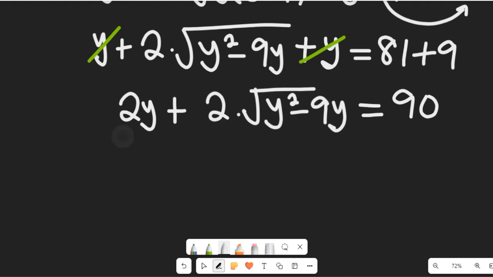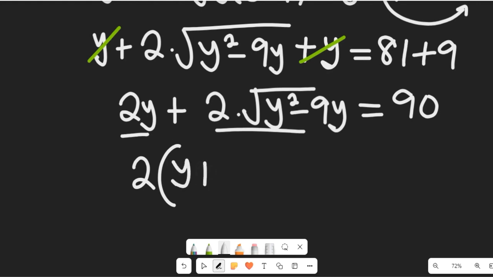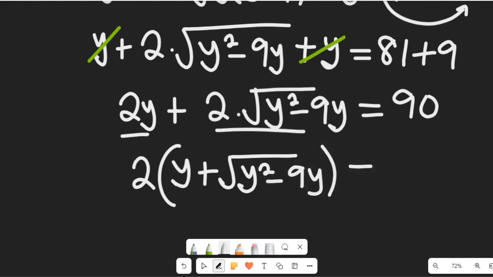Great. Now you see that 2 is common here and 2 is common here. So I'm going to bring out 2, and this will be y plus the square root of y squared minus 9y, right? And all this will be equal to 90.